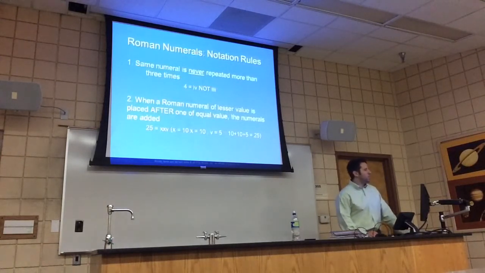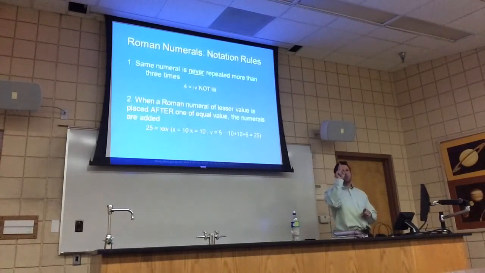So, here are some of the rules of Roman numerals. When a Roman numeral of lesser value is placed after one of equal value, the numerals are added. Okay? So if I have a Roman numeral of I with another Roman numeral of I, what is my count? 2. Right.